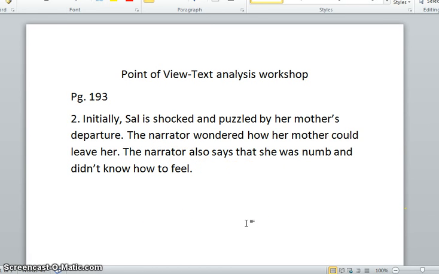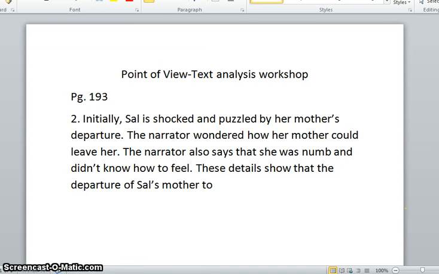Now I'm going to put a concluding sentence. These details show that the departure of Sal's mother took Sal by surprise. She felt confused.